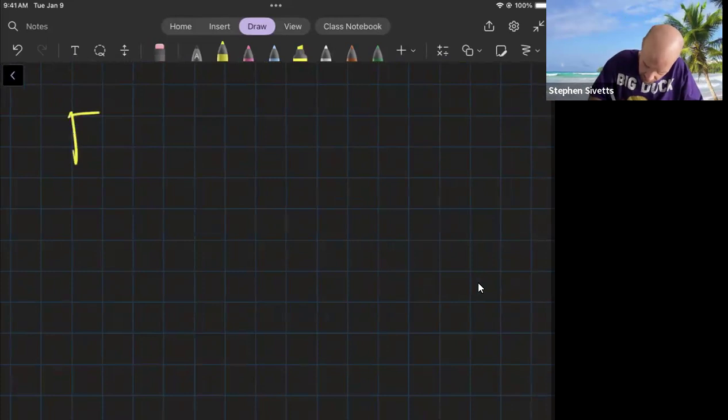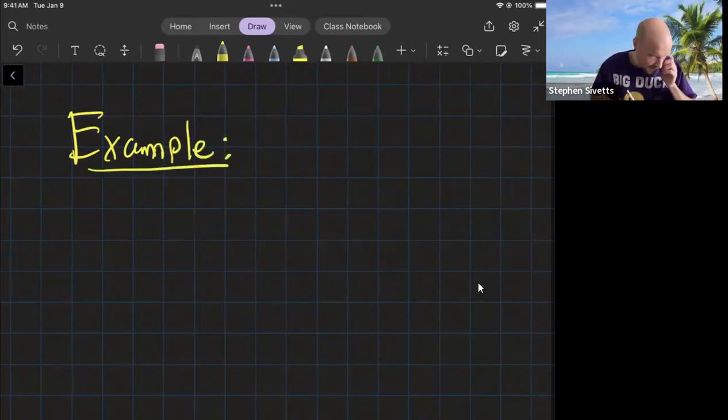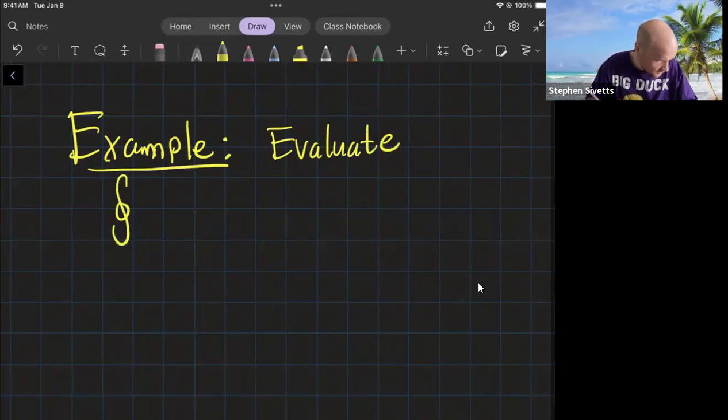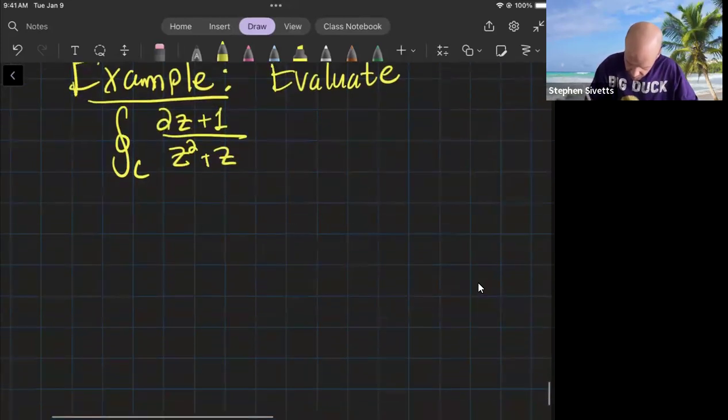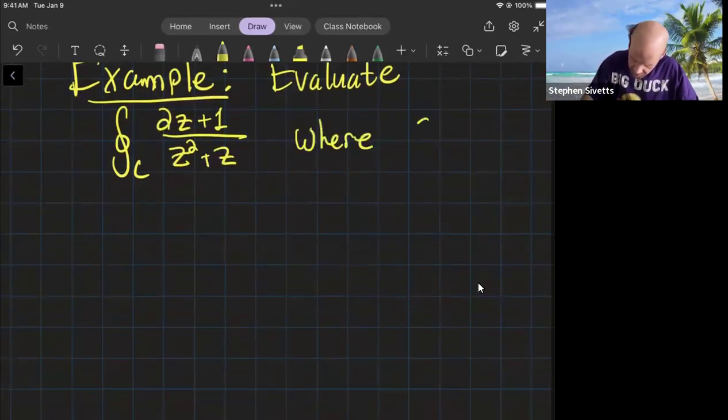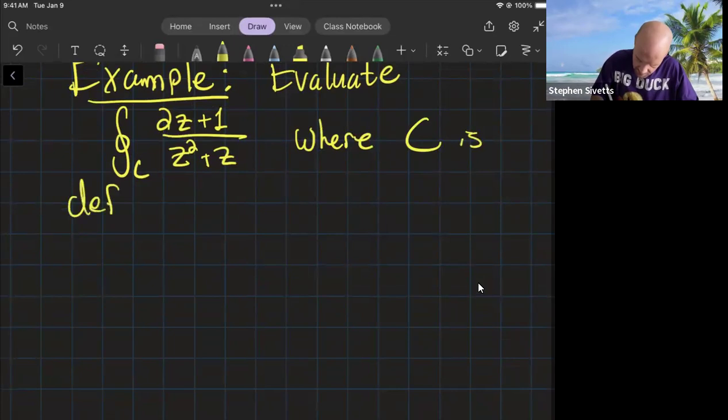So here's another example. I want you to work on this on your own, okay? Evaluate the line integral of the function 2z plus 1 divided by z squared plus z, where C is defined as the following curves.